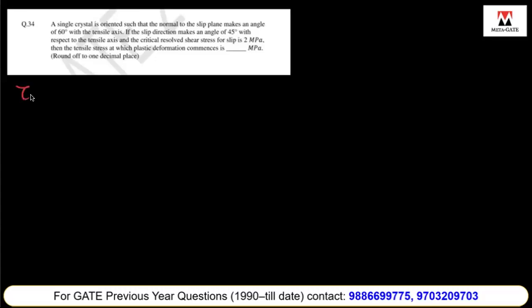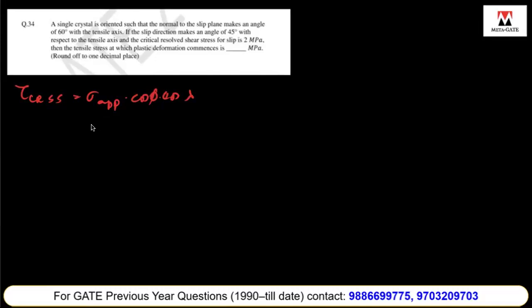So CRSS is equal to sigma applied times cos phi times cos lambda. The cosine of the angle between the slip plane normal and the tensile axis is multiplied by the cosine of the angle between the slip direction and the tensile axis.